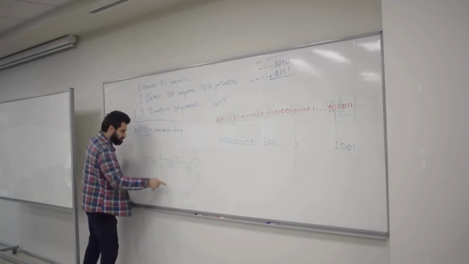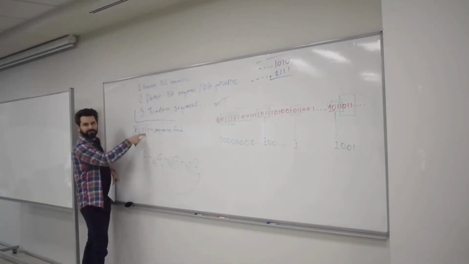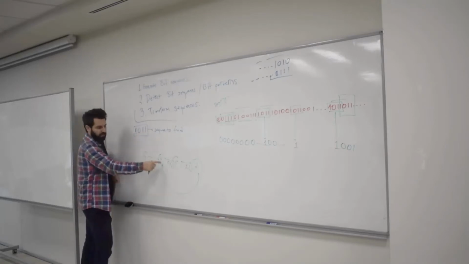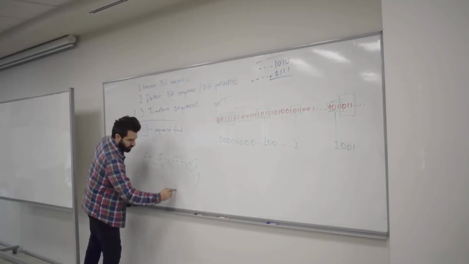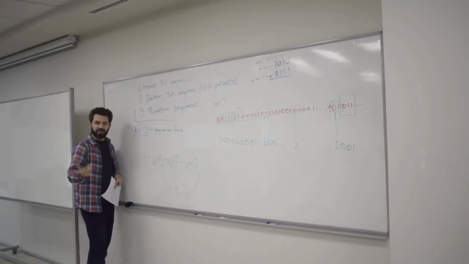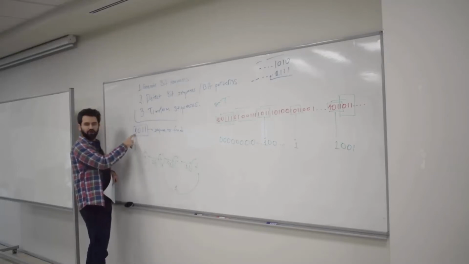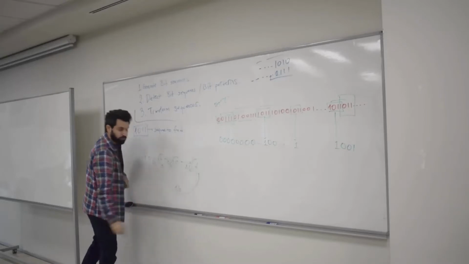Why am I not coming back here? Because this 1 is already seen. That's why I'm actually coming back to B. Okay? And of course, input has to be 1 for this to happen. And output is, of course, 1, because I detected a sequence of the following pattern, 1, 0, 1, 1. Right? So this output must be 1.